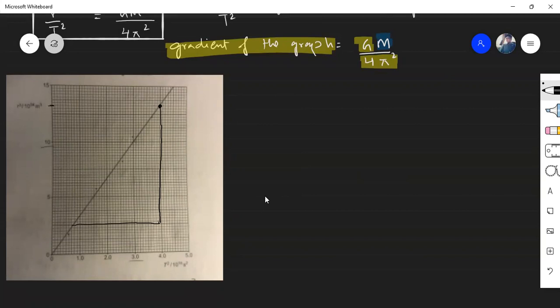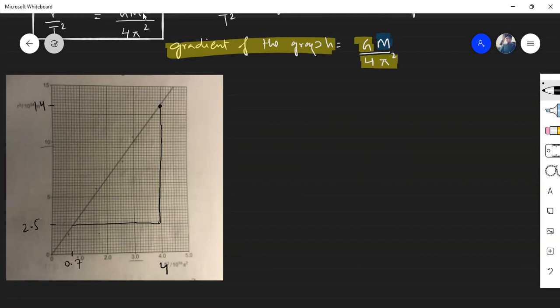Okay, so each of these is 20 divided by 5, so each of these is 0.25. 12.5, 13, 13.5, so this is 14, and this is 2.5, and this is 0.7, and this is 4.